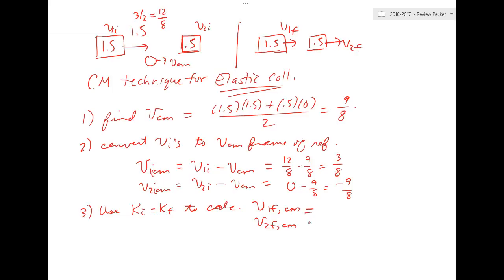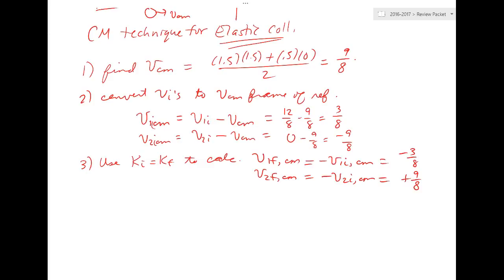And here's the really tough part about these problems. You just slap a negative sign on V1 initial center of mass. So this one will be negative 3/8, and this one will be positive 9/8. All right, so far so good.